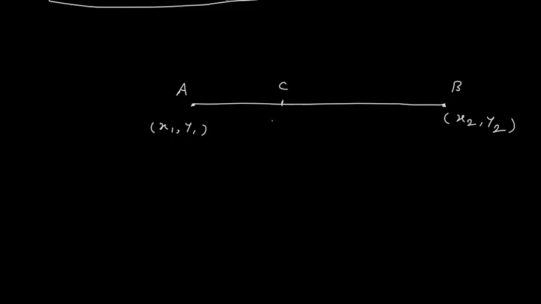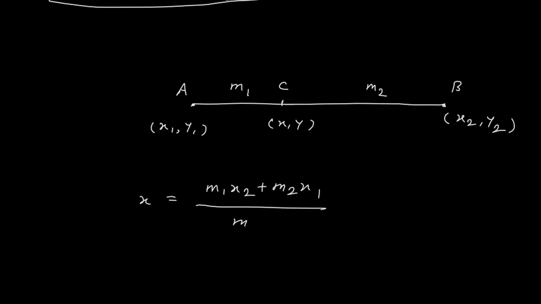So I will say that if say we have point A and we have point B, and this is having some coordinates, say x1 comma y1, and this point B has coordinates, say x2 comma y2, and there is a third point C which has coordinate x comma y, and this point C divides this AB in ratio m1 ratio m2, then you can find x coordinate by the formula m1 x2 plus m2 x1 upon m1 plus m2.